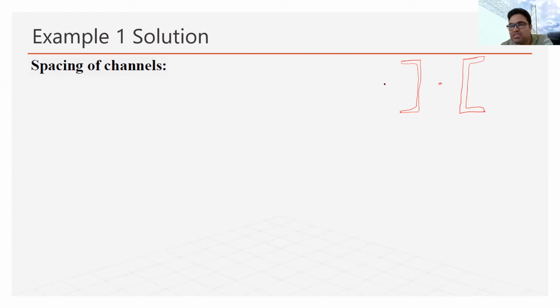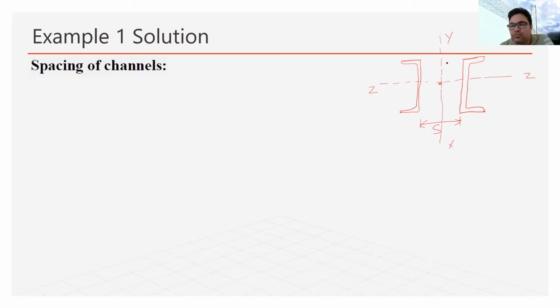About this CG, we are calling this axis the Z axis, and this axis the Y axis. About this Y axis we are going to find out this distance. I am writing this distance as s.